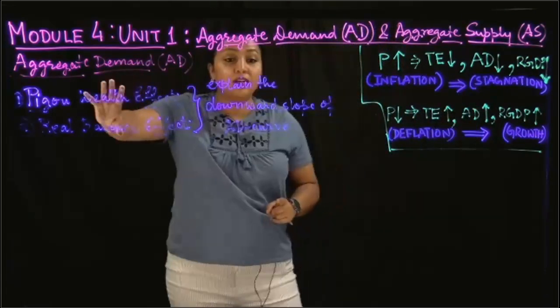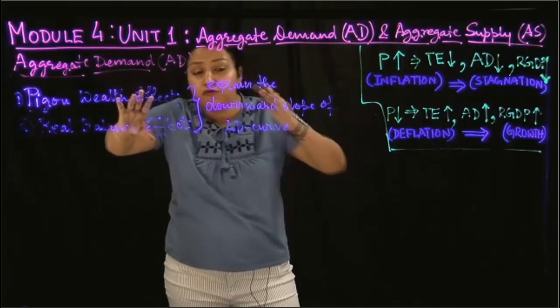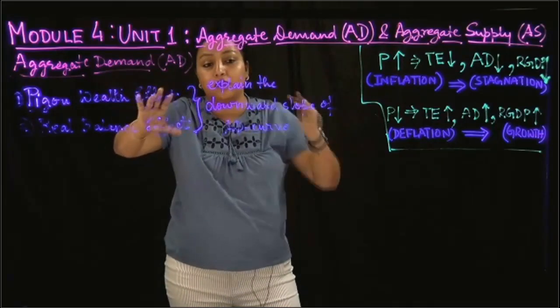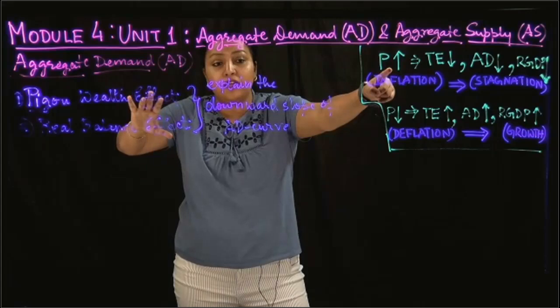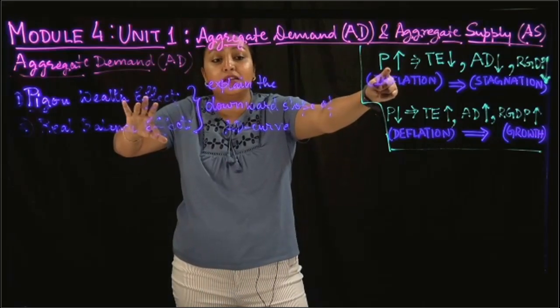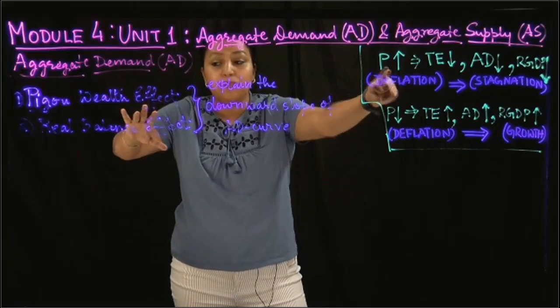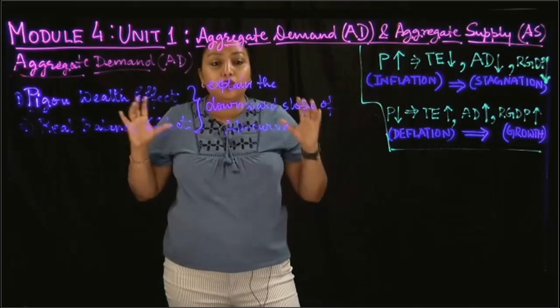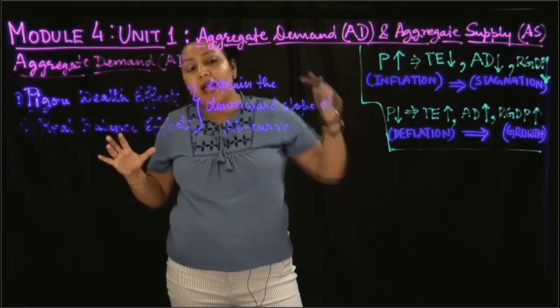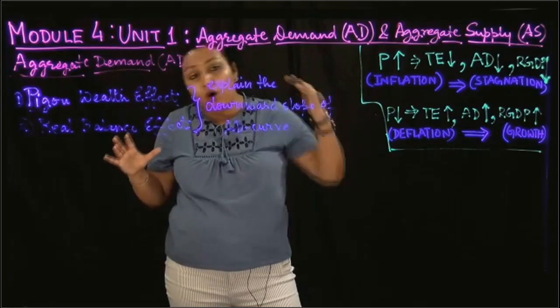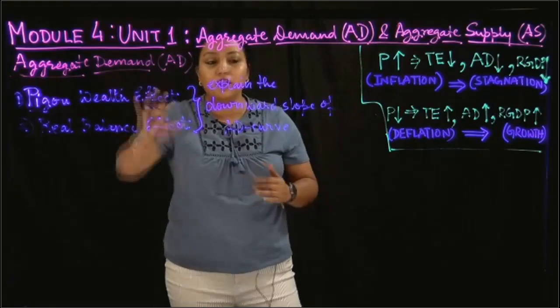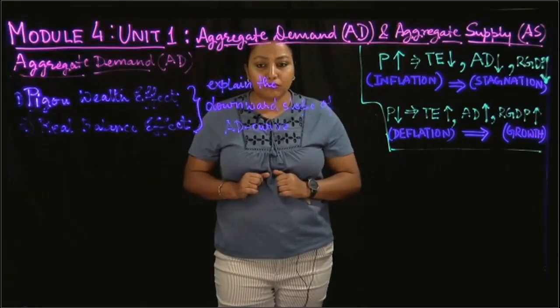So these are basically talking about the movements along the aggregate demand curve, because what is changing is the variable on the y-axis, the price index, right? So these two are really talking about the movements along the same aggregate demand curve. These are not talking about the shifts.